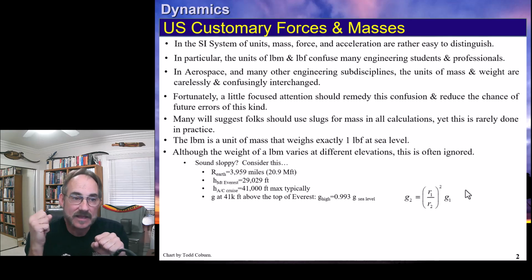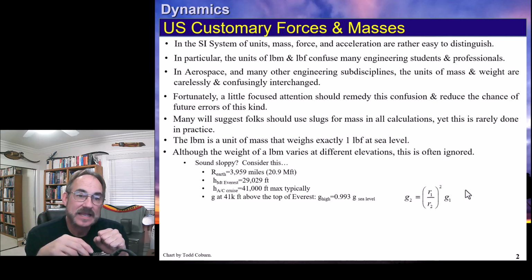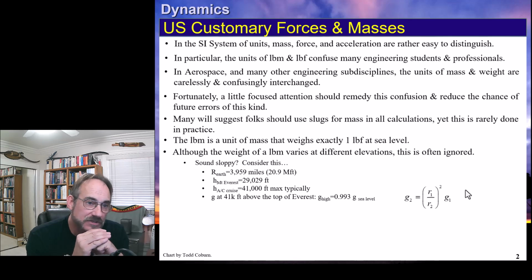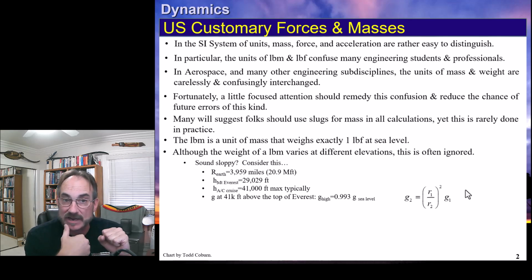So you need to take the radius of the Earth and add any other elevation to get both your R1 and R2. If we have something at sea level, we'd plug in the radius of the Earth top and bottom, and we'd get that the g where we are is the same as the g on the surface of the Earth.